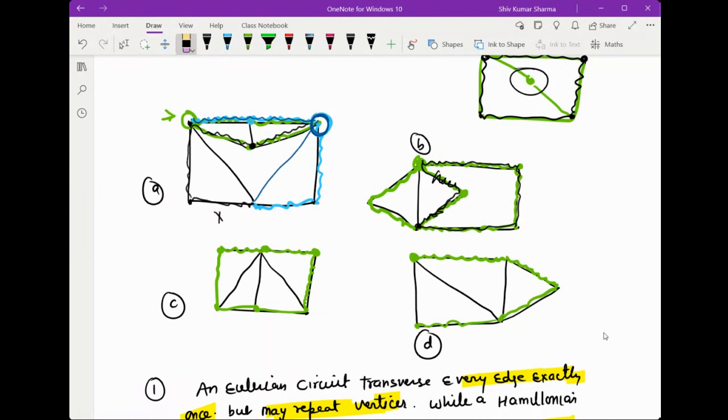So someone chooses B to C, someone goes for B to E F. That means we give names to the vertices: A, B, C, D, E and F. When you start visiting from the source vertex and visit through this vertex, this route and then this path cannot make it. So this is not the example.